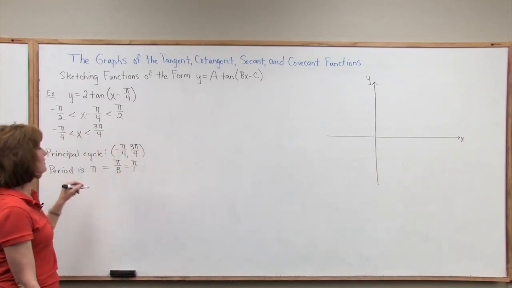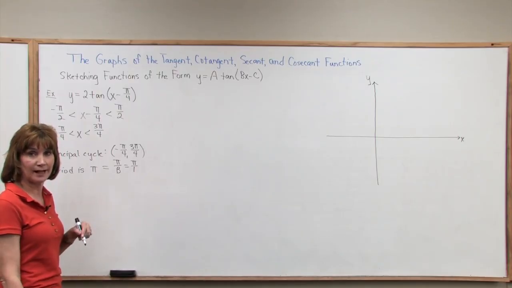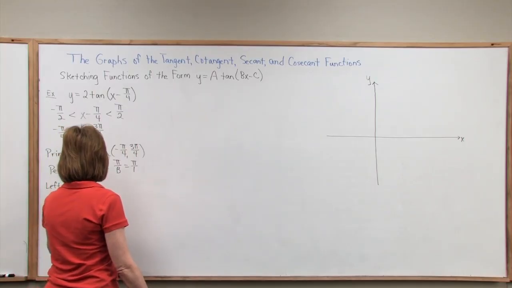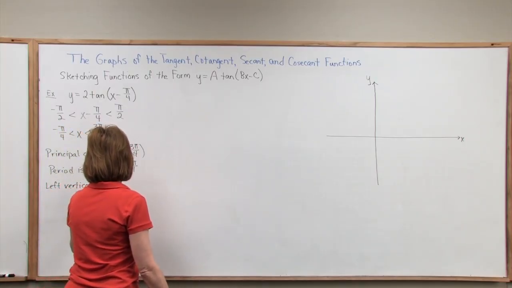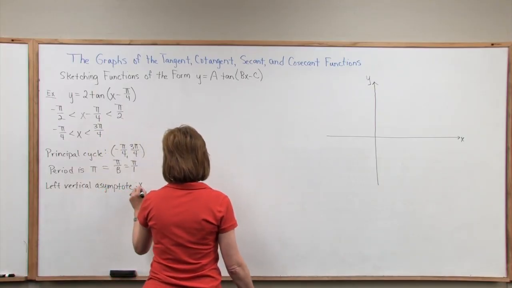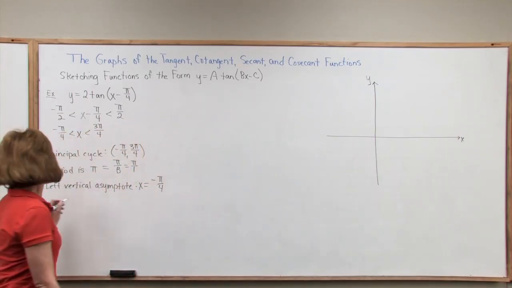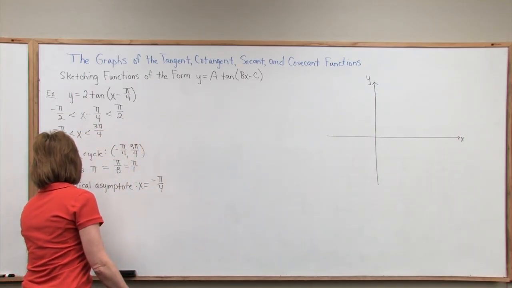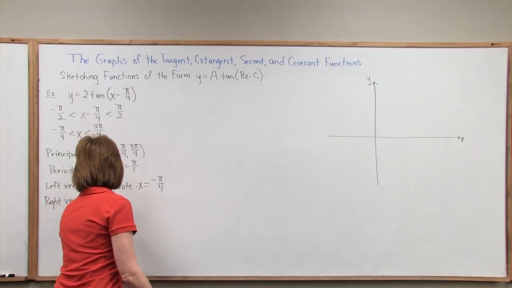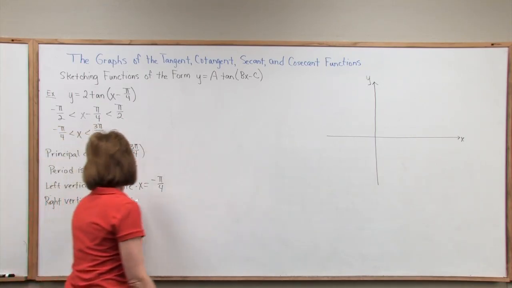So now we know the principal cycle, we can figure out where the left and the right vertical asymptotes occur for this principal cycle. The left vertical asymptote is going to be at x equals negative pi over 4, and the right vertical asymptote will occur when x is equal to 3 pi over 4.